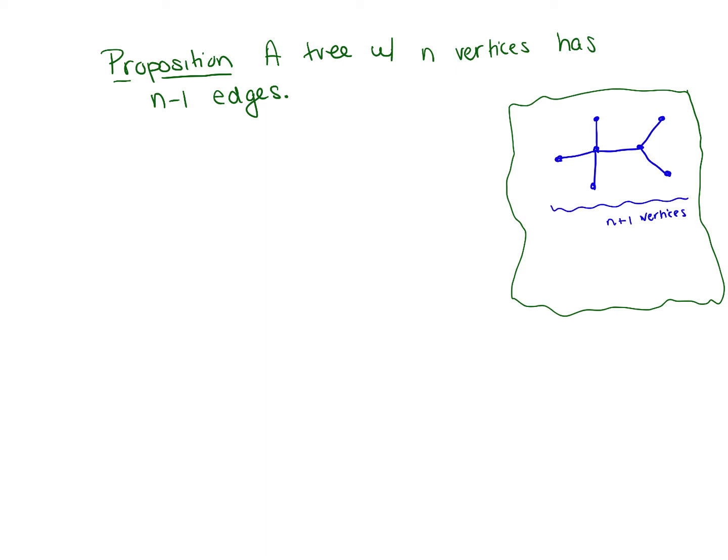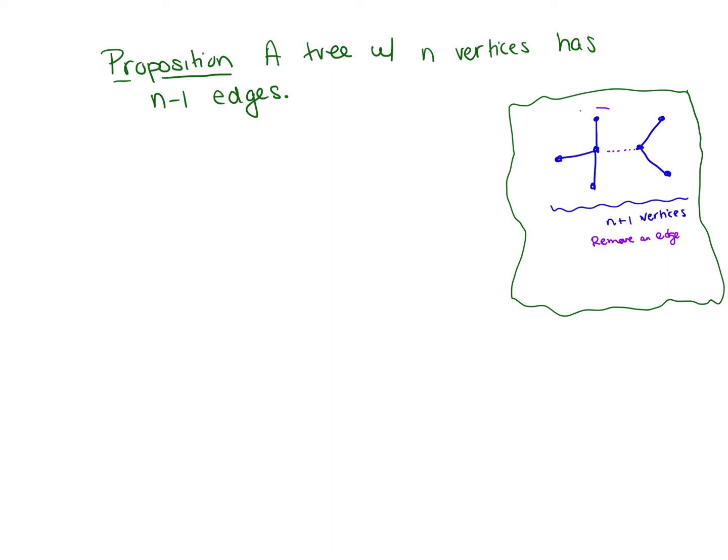Now if I have this tree with n plus 1 vertices, we could think about what happens when we remove a single edge. I'm going to remove this edge here, and think about what I get left.